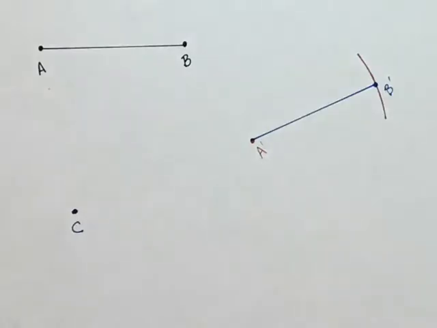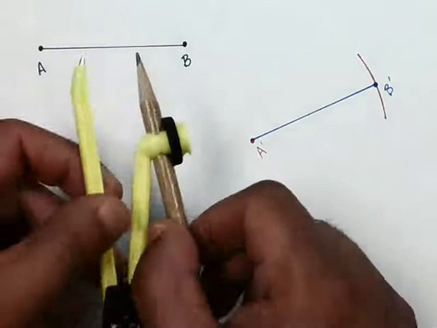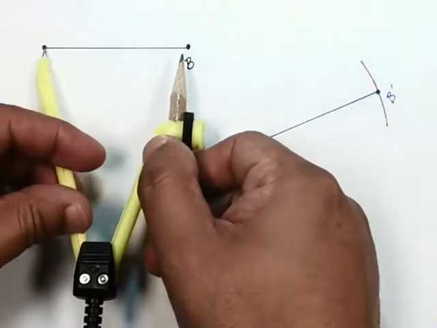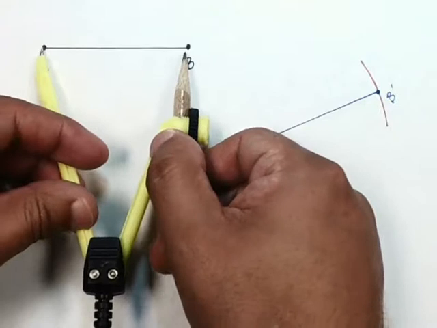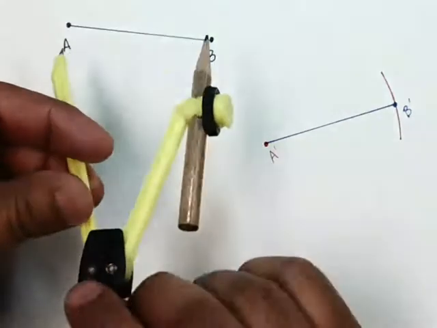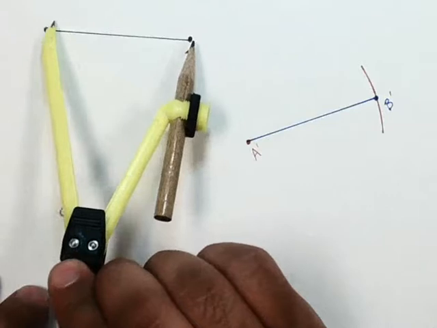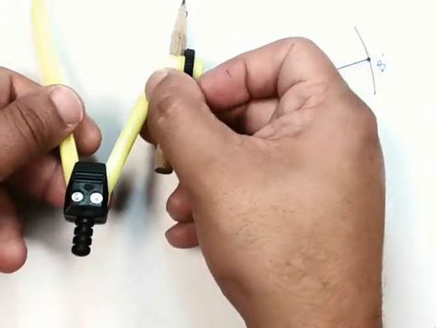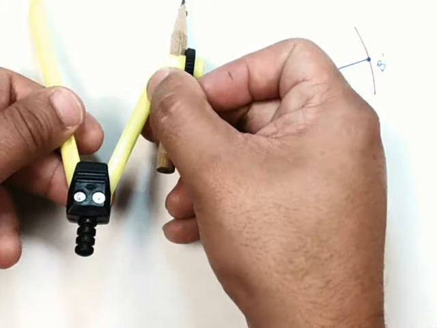Right. Now I'm going to take my compass, and I'm going to stretch this out and put the metal tip on A, and the pencil point on B. Now you want to be very careful not to move those 2. You want to keep them as close to the setting as possible without moving them.